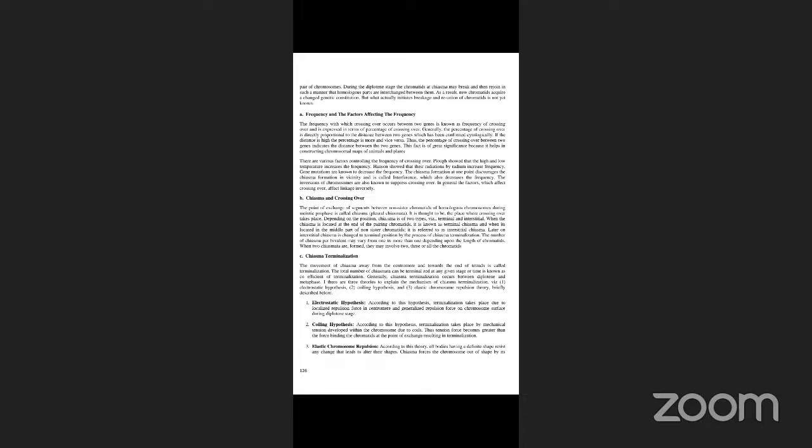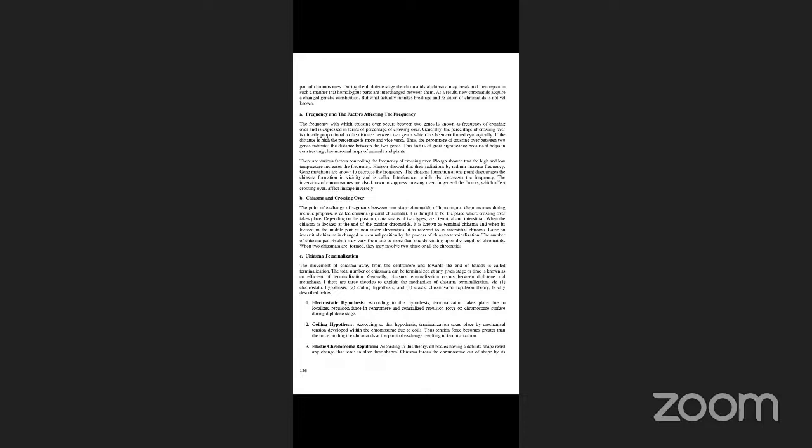Later, this interstitial chiasma is changed to a terminal position by the process of chiasma terminalization. The number of chiasmata per bivalent may vary from one or more depending on the length of the chromosomes. When two chiasmata are formed, they involve 2, 3 and all of the chromatids.